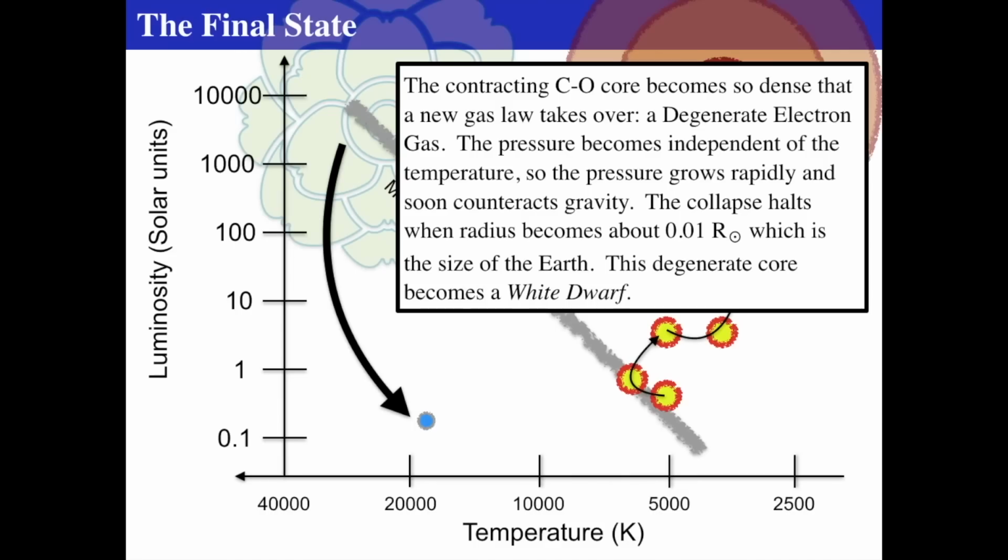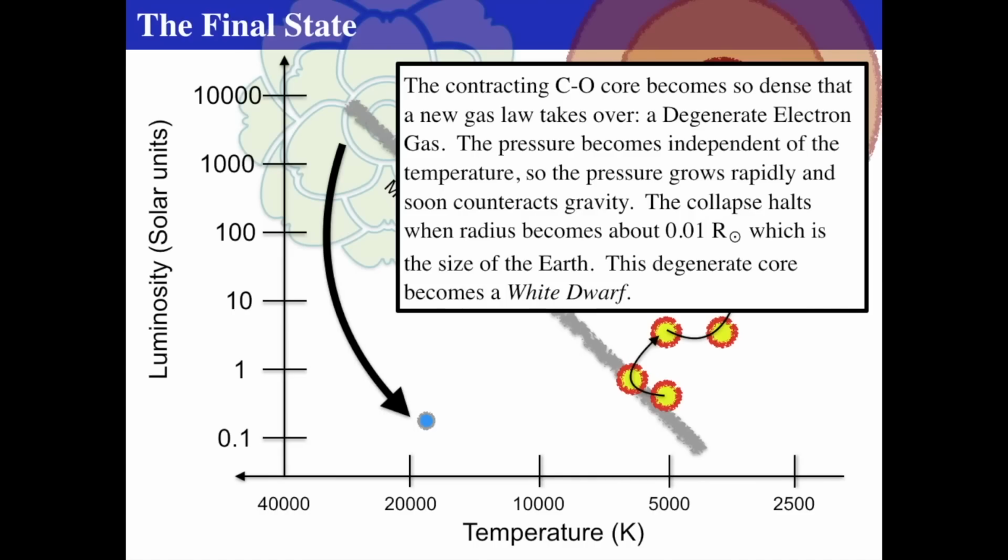So the pressure grows incredibly rapidly and can counteract gravity. So degenerate electron gas has the capacity to hold up an entire star. And the star will collapse and collapse and emit more and more heat until it gets down to about 1/10 the current radius of the sun, or about the size of the Earth. And then that's all it does.